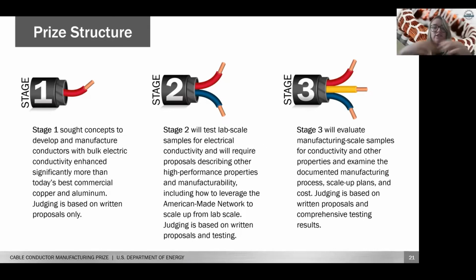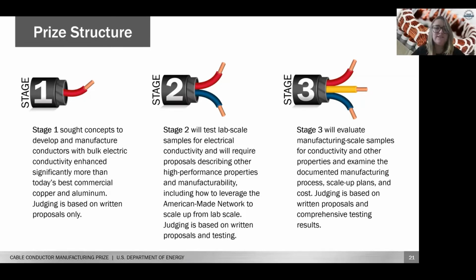In stage 3, we're going to push competitors to create manufacturing scale samples and do much more testing of those samples. A quick note that likely many of you have observed, in every stage we release an outline of the next stage because we want you to know what is coming and what to expect. However, we always wait to release the next stage's full rules so that we can incorporate the learnings and findings from the previous stage to improve the subsequent stage for everyone.